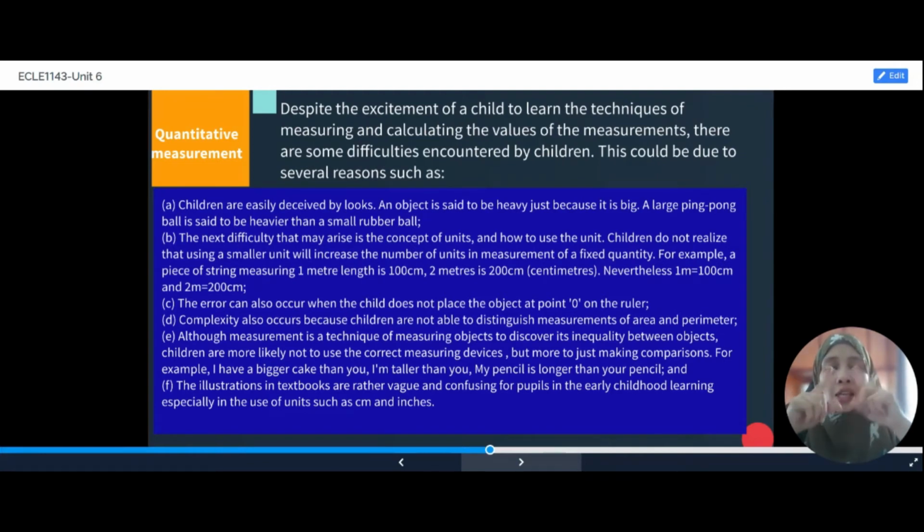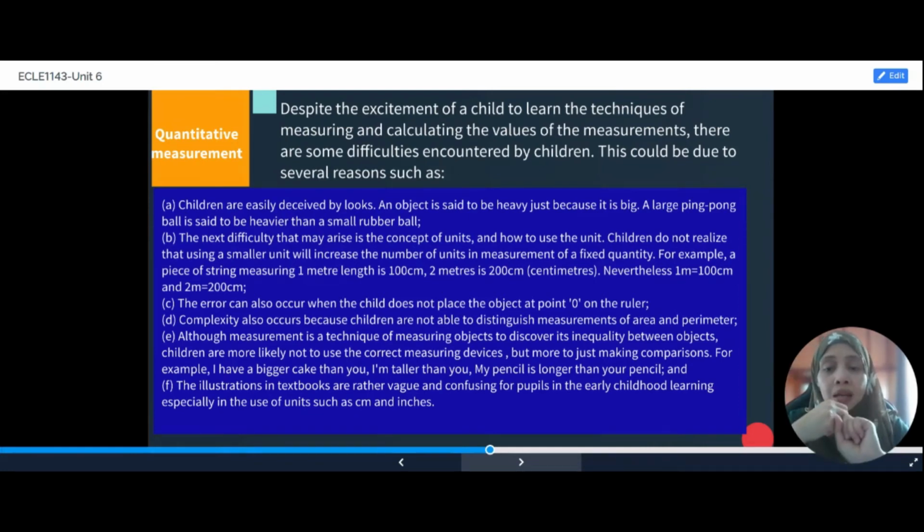Tetapi 1 meter sebenarnya 100 cm. 2 meter is 200 cm. Tetapi because dia tengok angka 1 tu, dia ingat 1 tu tak sama dengan 100 cm tu. Kerana 1 tu nampak kecil because dia masih lagi tak tahu penggunaan tingkat untuk unit tu, daripada milimeter, sentimeter, meter.